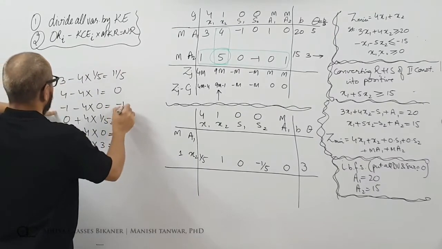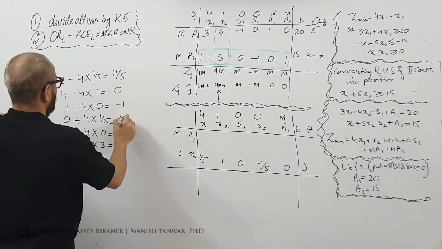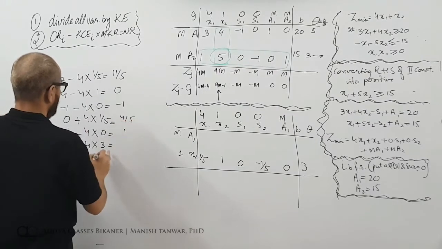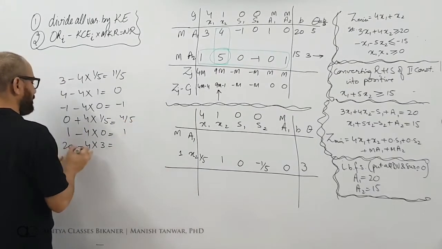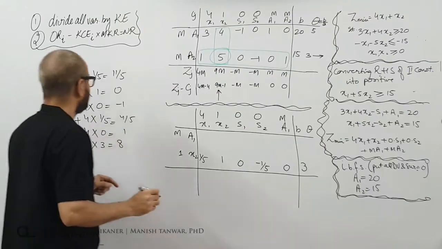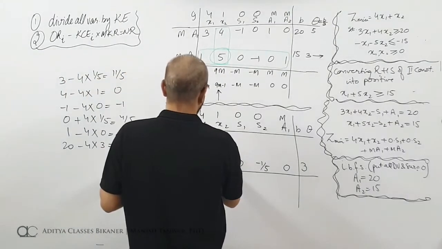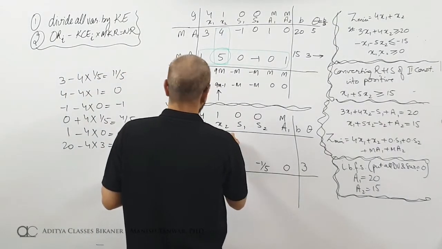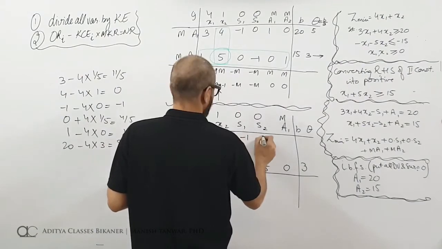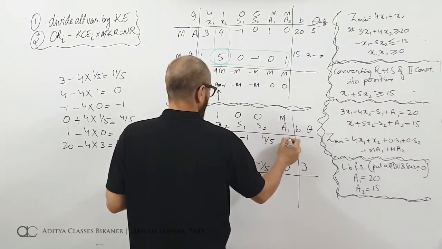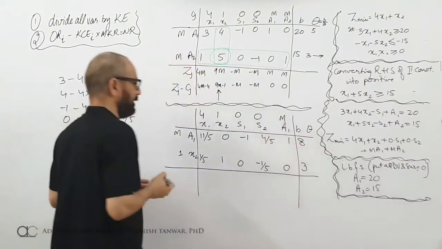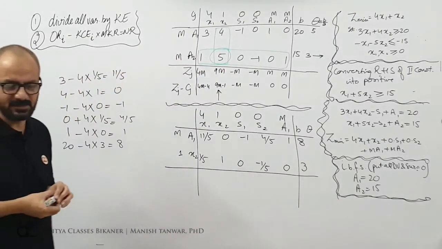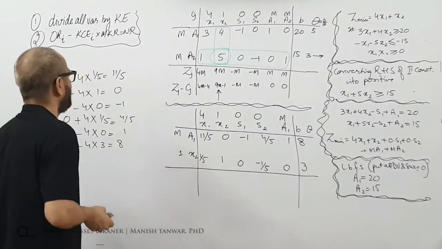Then 0, minus 1, 4 by 5, 1, and 4 3s are 12, 20 minus 12 would be 8. So, I get 11 by 5, 0, minus 1, 4 by 5, 1 and 8. This is my new simplex table.